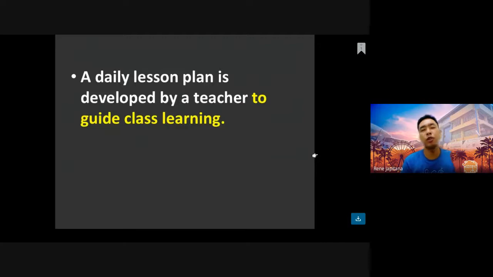Of course, when you make your lesson plan, there are legal bases, there are national standards that you need to follow, there are institutional guidelines, because that lesson plan is the smallest part, the specific plan to be delivered in the classroom, but it is anchored on a larger scope: from the national standards, from the curriculum, from the learning competencies, to the syllabus, and of course to the curriculum guide, whatever standards are being used as the policy of the school.